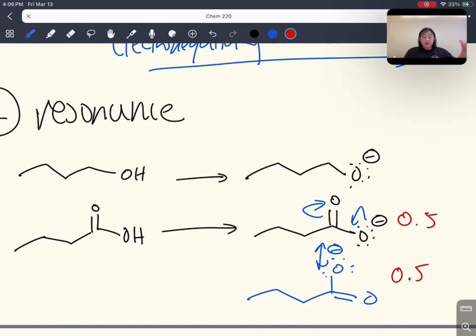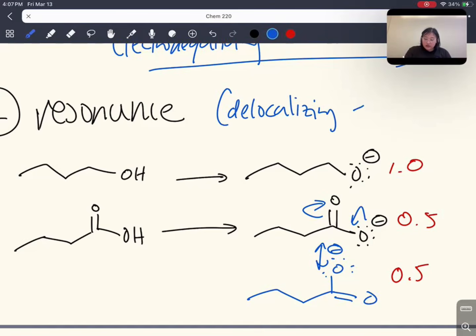That's different from an alcohol, where there's nowhere for that lone pair to spread out. There's no pi bond next to it for it to delocalize. With resonance, we think of delocalizing electrons. So in an alcohol, your minus charge is super concentrated onto that one oxygen, whereas in a carboxylate ion, your minus charge can spread out.